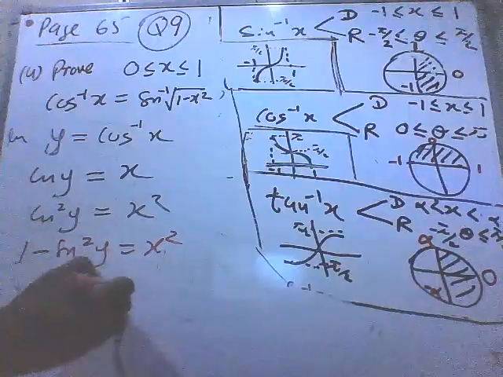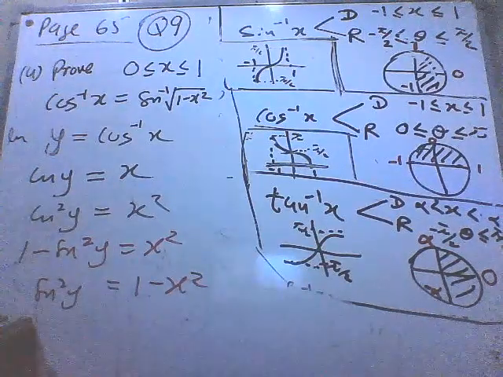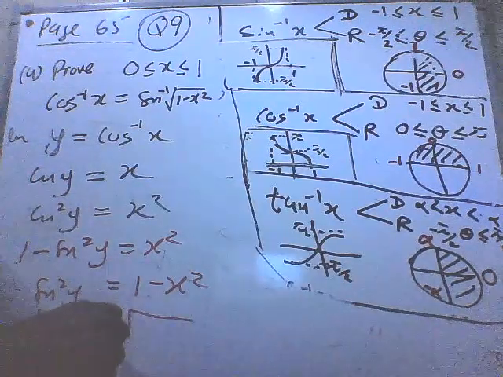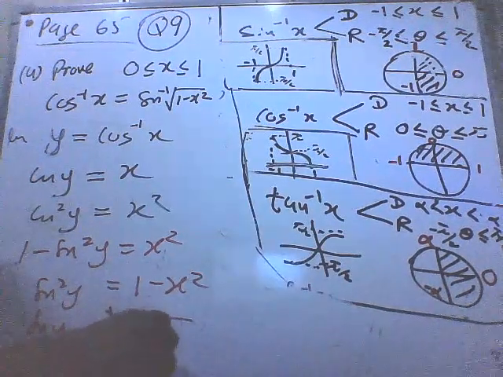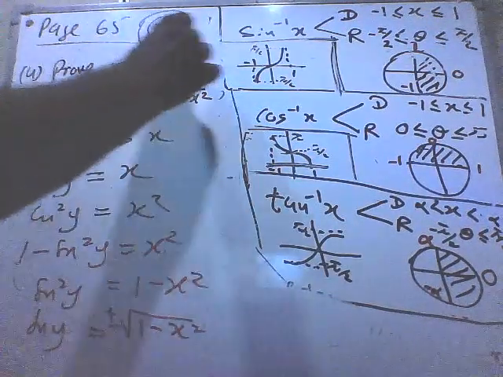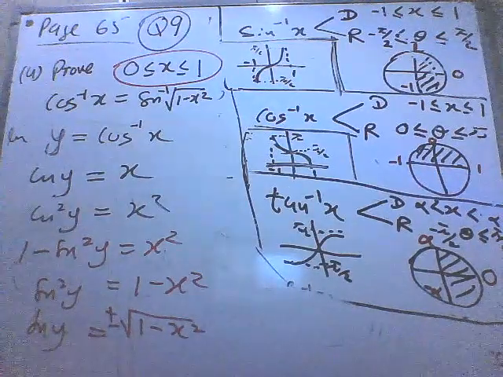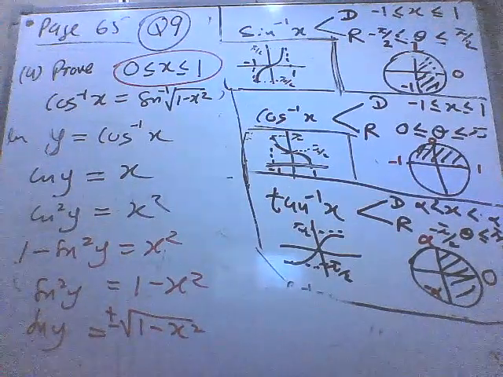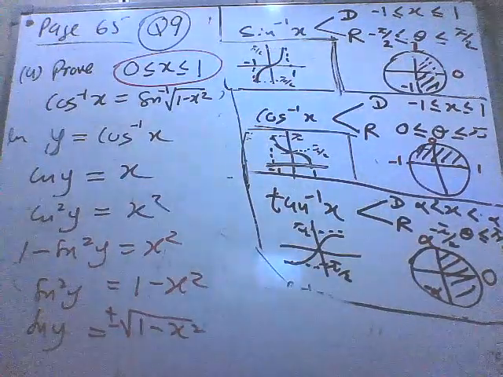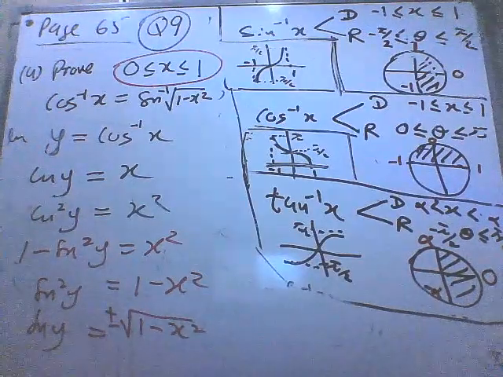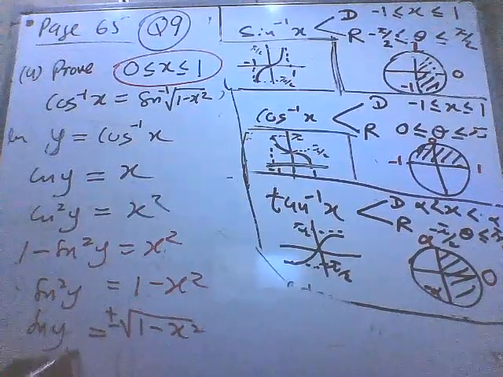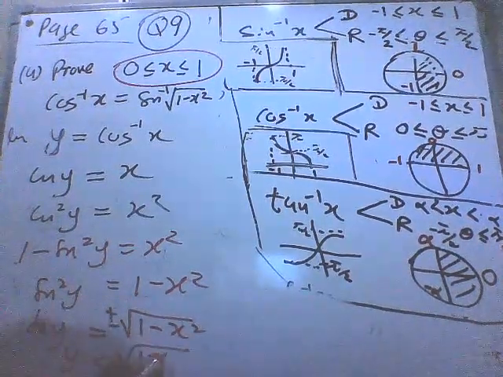Sine squared y is equal to 1 minus x squared, and sine y is equal to plus or minus the square root of 1 minus x squared. Now if x is 0 to 1, cos inverse and sine inverse are both always positive values. And then sine y is equal to the square root of 1 minus x squared.